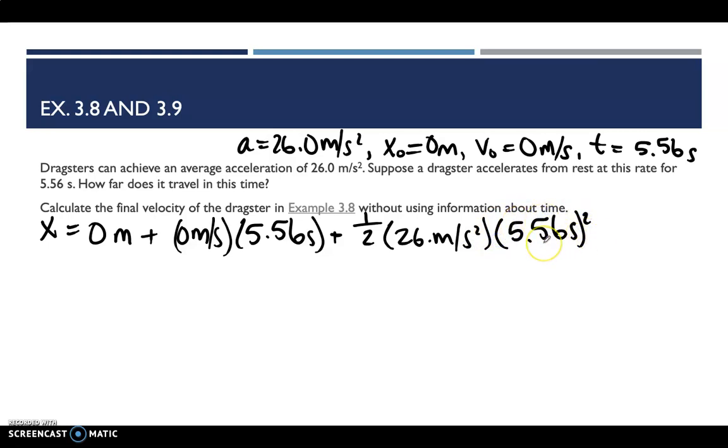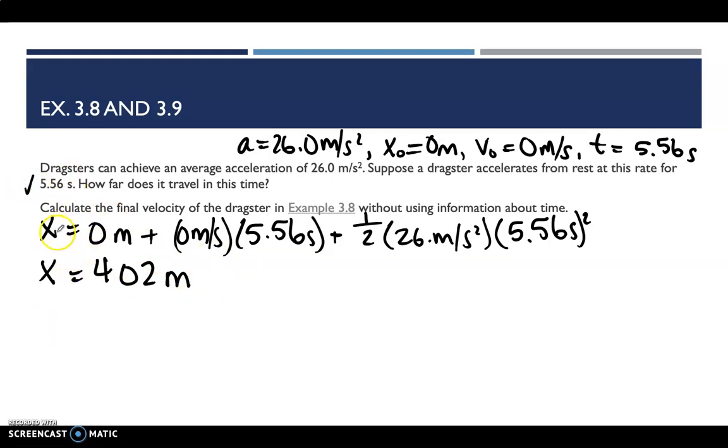We can plug that into our calculator. Obviously, these first two terms are 0, so we have 1/2 times 26 times 5.56 squared. So our final position x is 402 meters. I rounded up a little bit. All right, so that's for this first part.